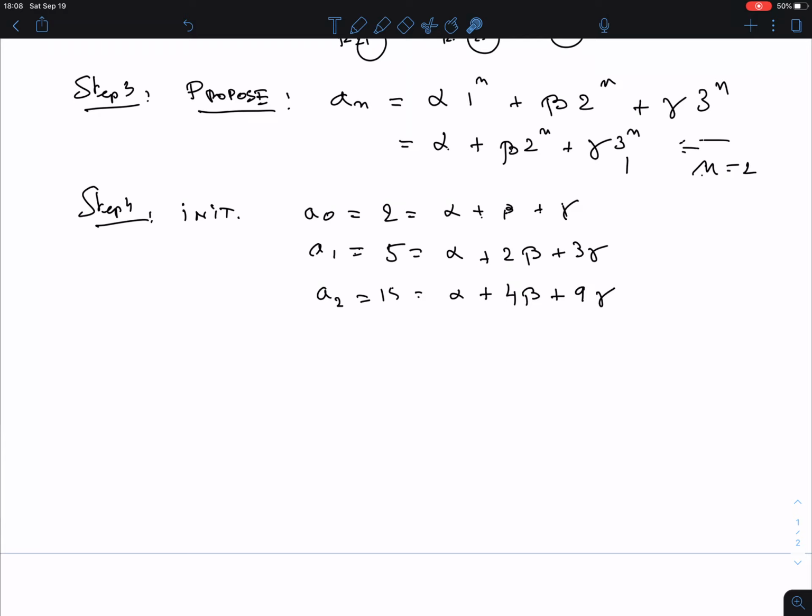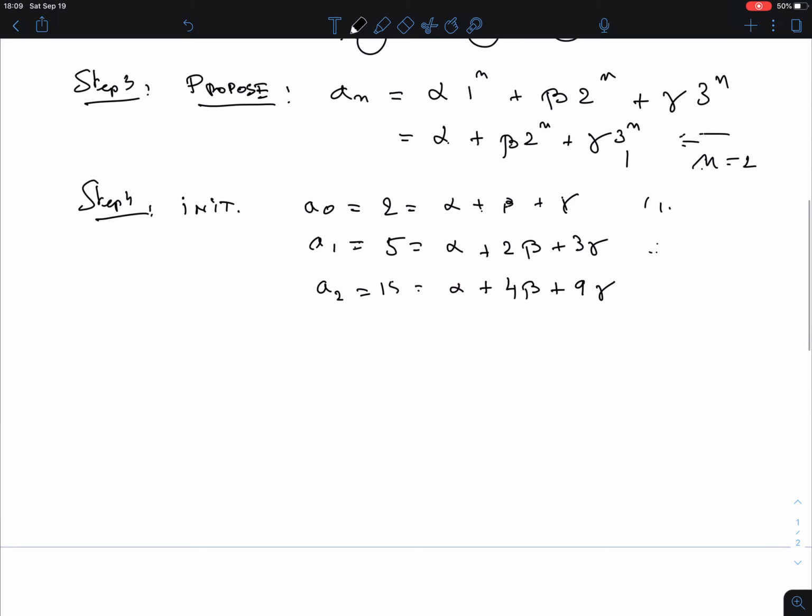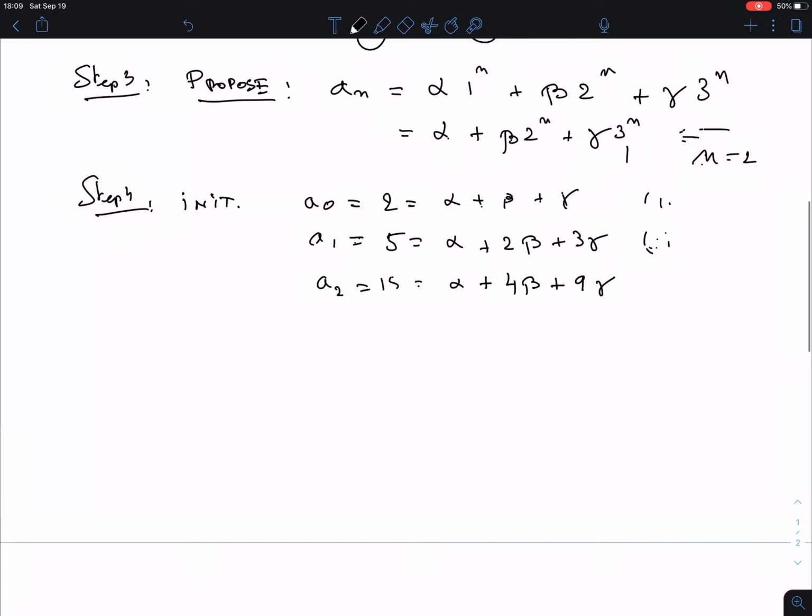In this particular case, I'm thinking of subtracting this equation from those equations. If we call these 1, 2, and 3.